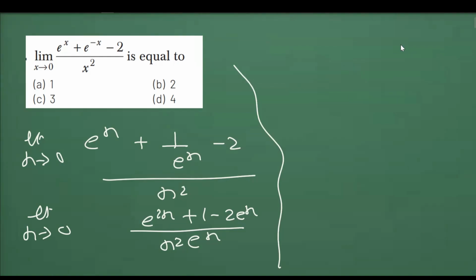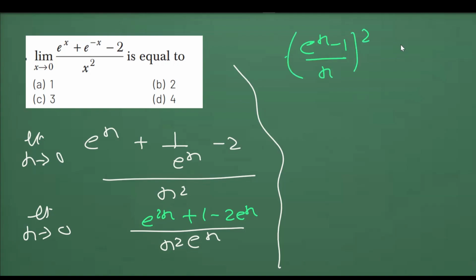Now next, can I write this applying a minus b whole square? If you watch it carefully, you will see that this is a square, this is b square, and this is minus 2ab. So this way I can write this as e raised to the power x minus 1 whole square, and there is an x also below, so I can club them together to write a single square.